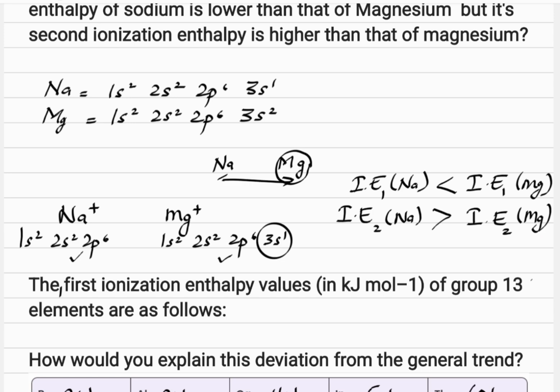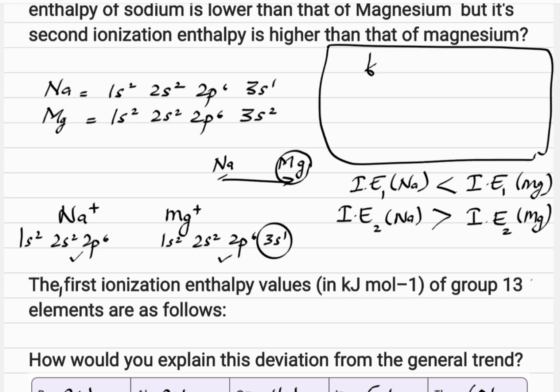Please know that second ionization energy, for the same element, like comparing only sodium's first ionization energy and second ionization energy, the second ionization energy would always be higher than that of the first ionization energy. Okay, let's make that very, very clear.